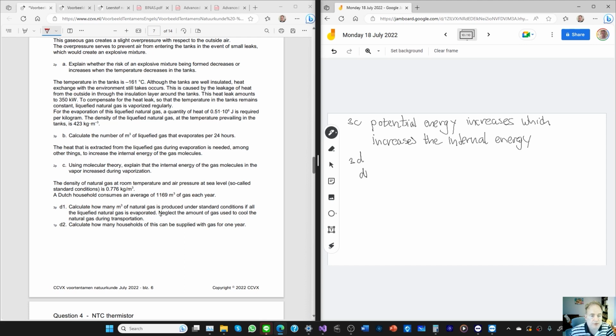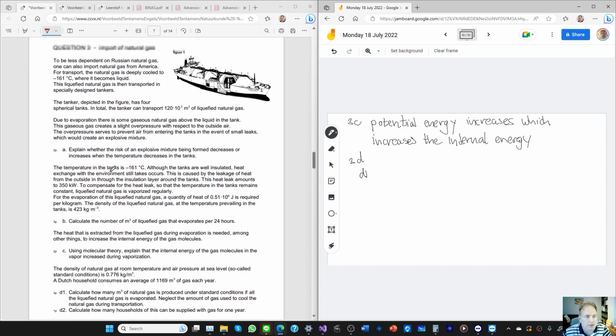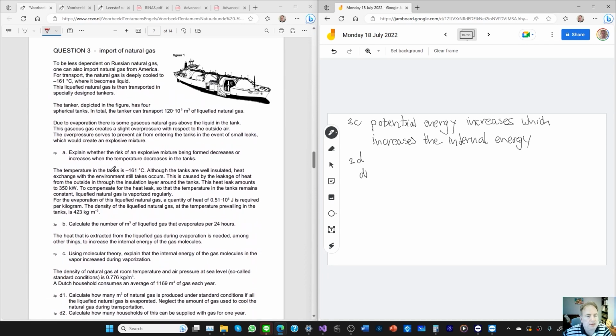Well, how much do we have in the ship? Let's go back here. We have this amount of liquefied natural gas. So we can use rho, the density of liquefied natural gas, is the mass divided by the volume.